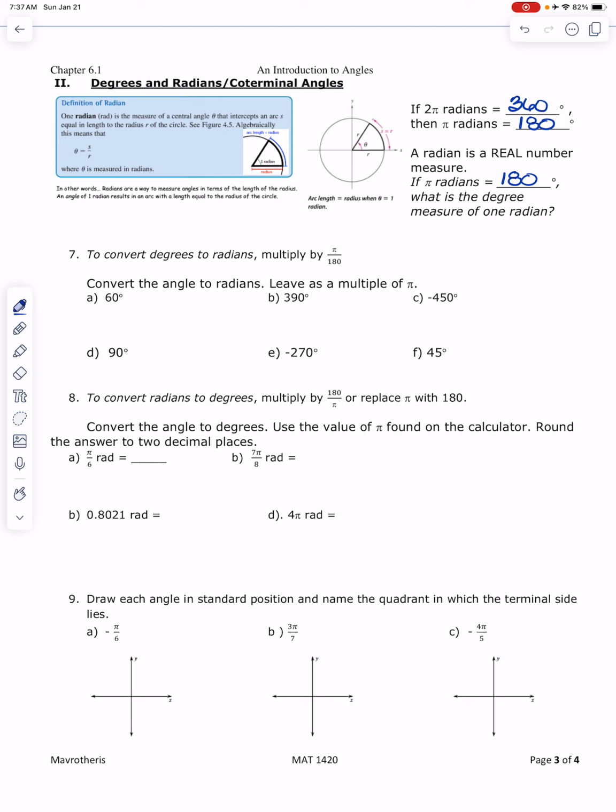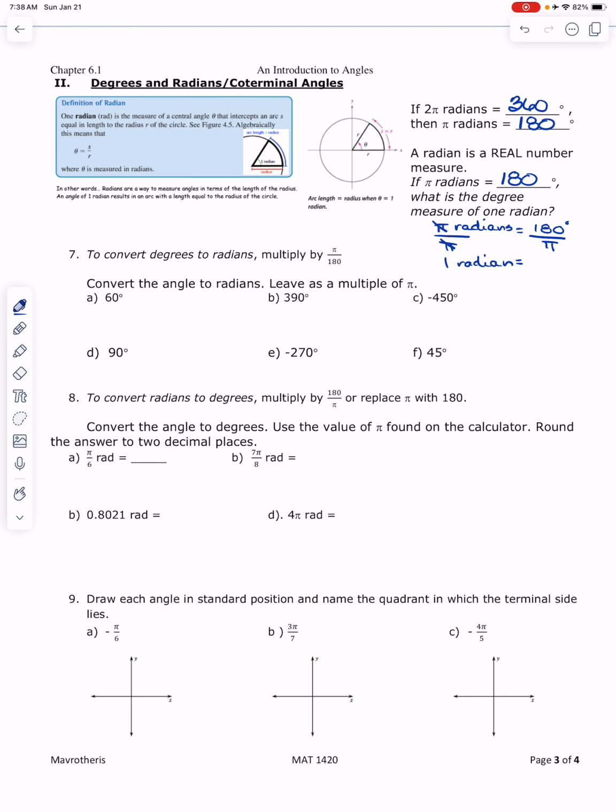So let's take a look at the degree measure of 1 radian. So pi radians, and we don't always write out radians, I will for a little while here, is 180 degrees. If I don't want pi radians, I just want 1 radian, I'm going to divide both sides by pi, and we get 1 radian.